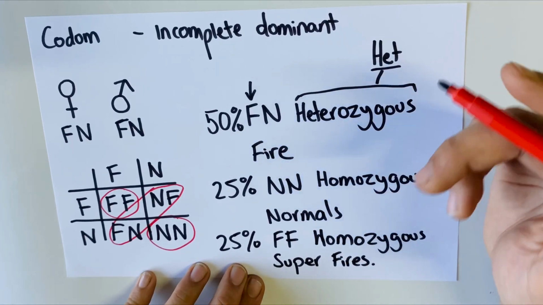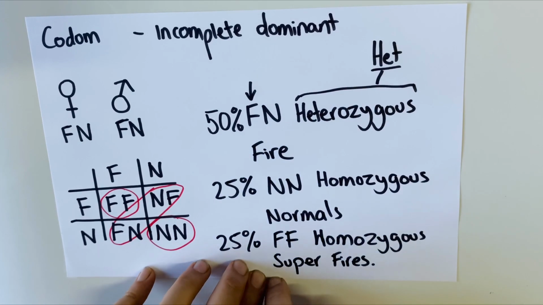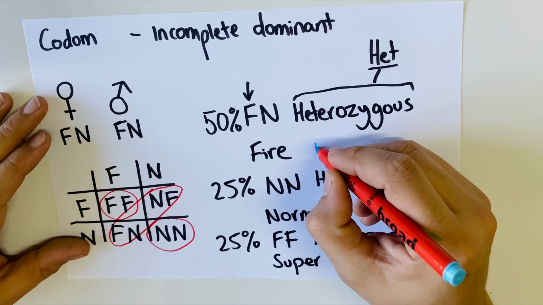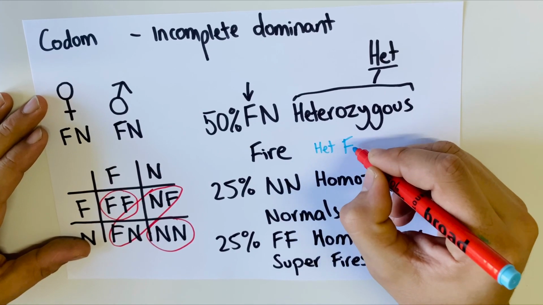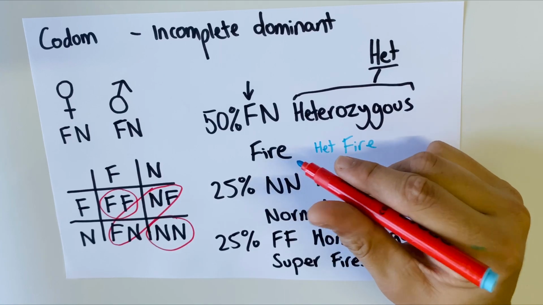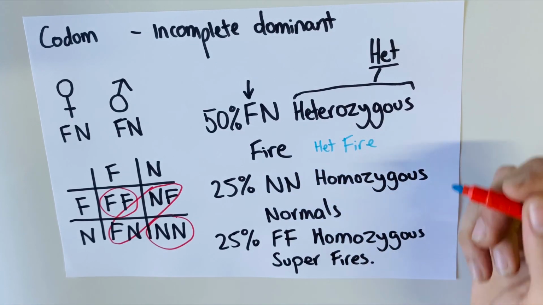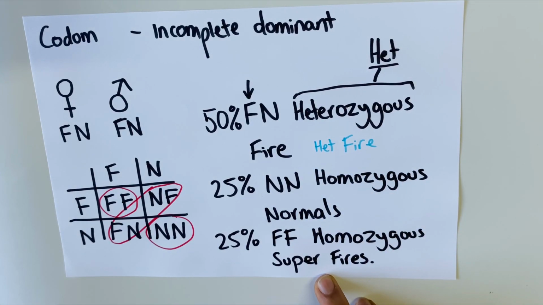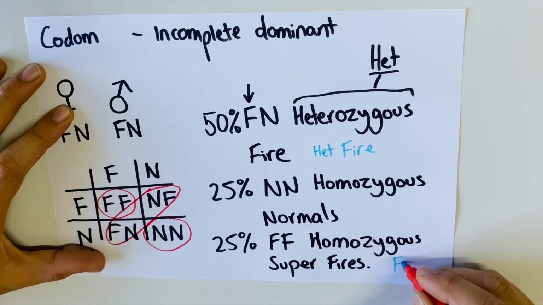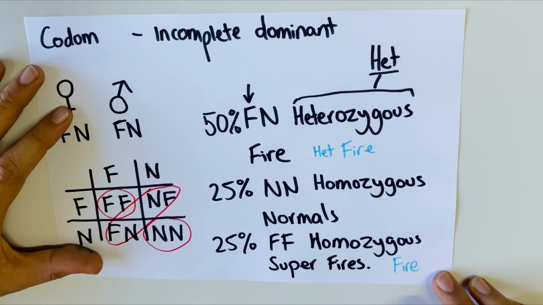So in this case, what we generally in the hobby refer to as fire could be considered to be a het fire, right? Because it's a heterozygous animal with one copy for fire. Whereas the superfire would actually be homozygous, so it would be the full fire ball python.